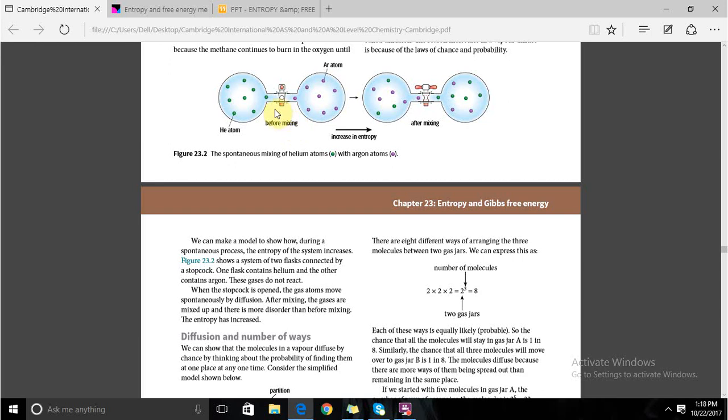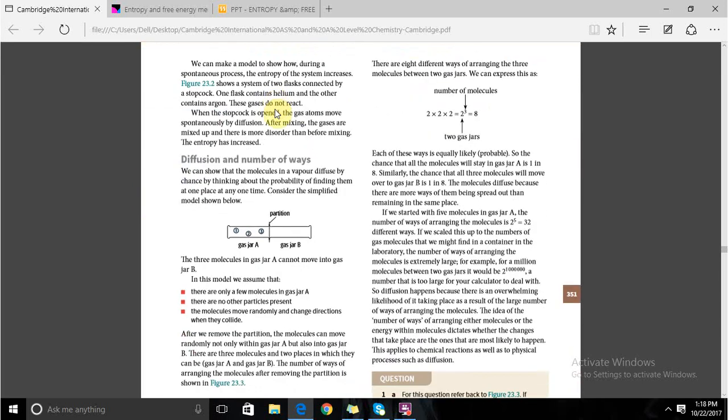For example, 3 purple here, 4 green here, or 4 purple here, 3 green here, and whatever. The possibilities of them mixing up in different ratios are much more; there are many more possible arrangements than for them sticking together. And that is why diffusion and spreading out happens, because it is much more likely. This has a lot to do with probability. Hopefully, again, this is making sense to you.